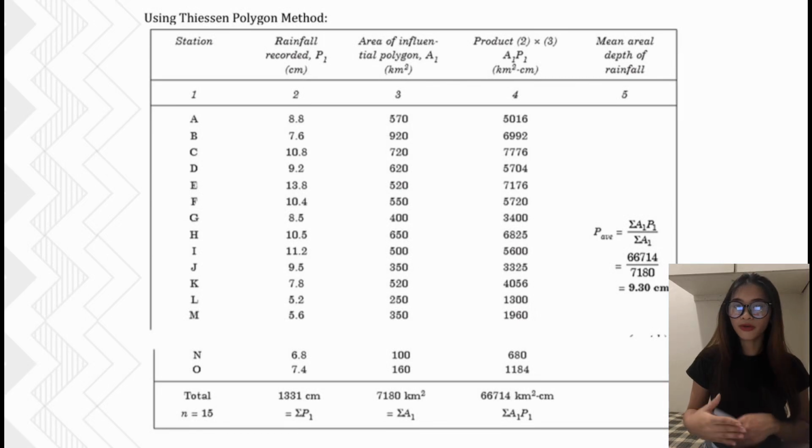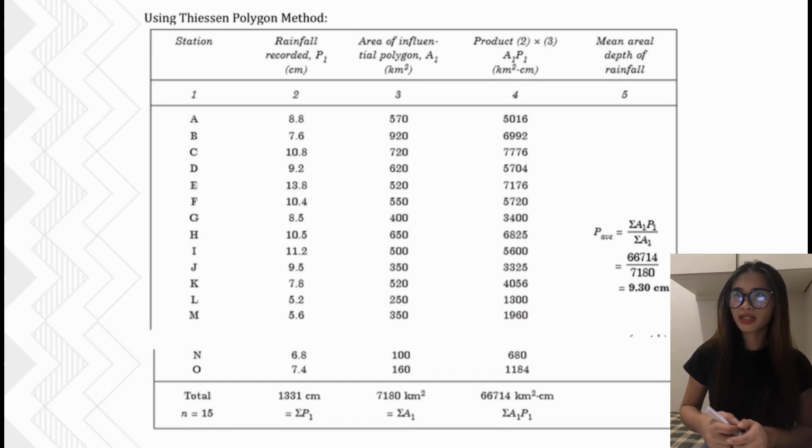To solve using the formula, from the arithmetic mean method, we have 133.1 centimeters multiplied by 7,180. By using the formula of the Thiessen polygon method, we have 15 stations and the rainfall recorded, which is our P1.